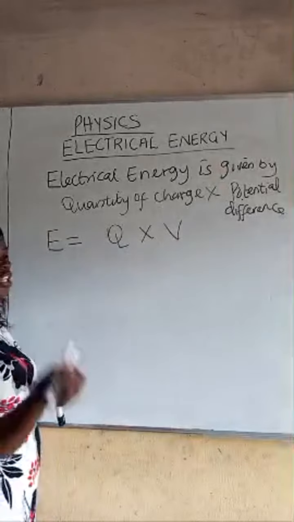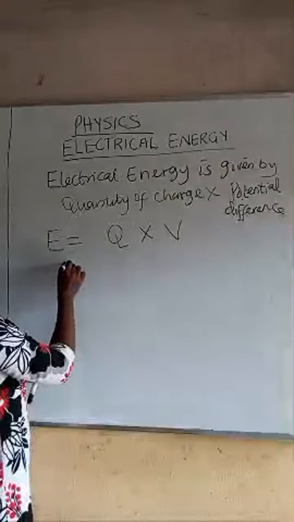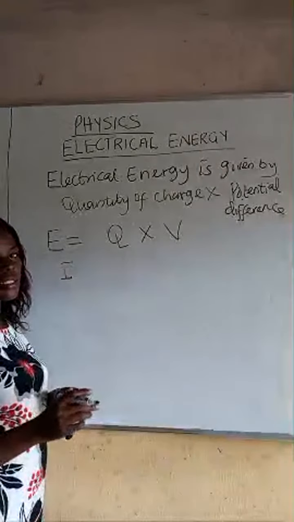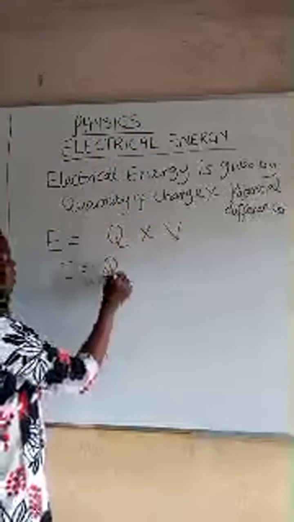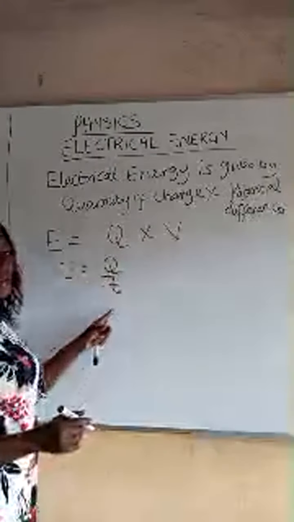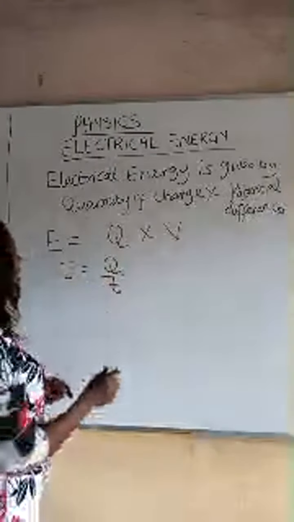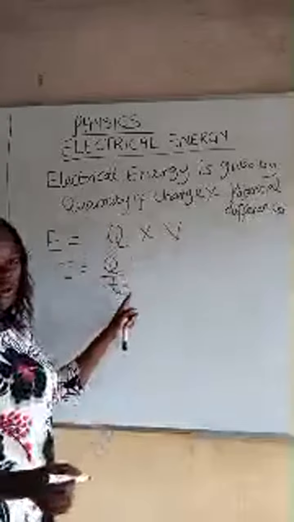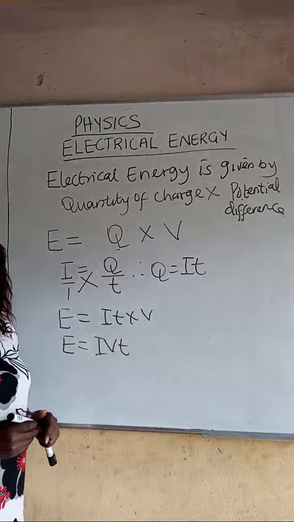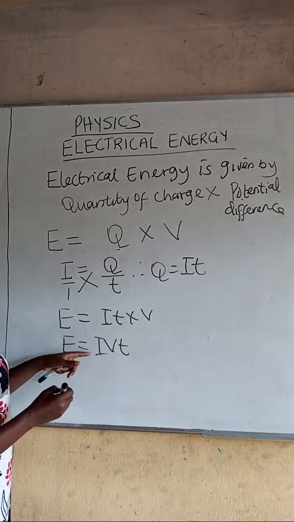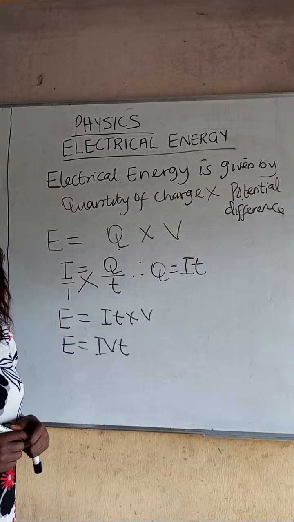If I go back to electric current, it is the rate of flow of charge along a conductor, that is, the quantity of charge divided by the time. Since I am looking for the quantity of charge, it is I times T. This is the formula for electrical energy.